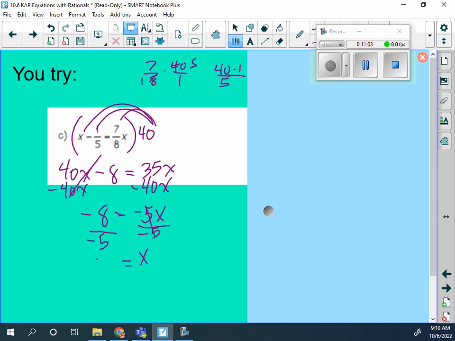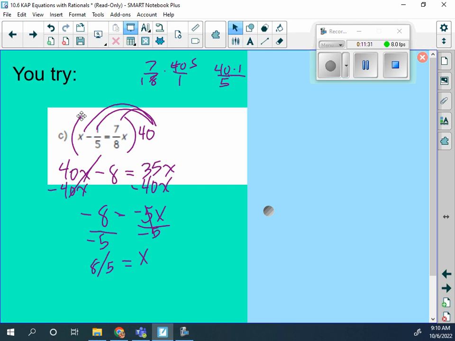X equals 8 fifths. Do you guys get that? Did y'all get 8 fifths? Yeah, 1.6. Yeah, 8 fifths. Right. Okay, so we're going to pause here.